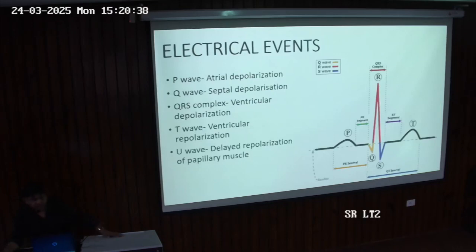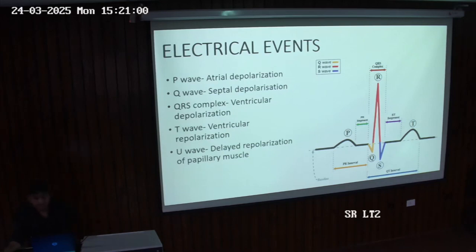So these are some of the electrical events: P waves, Q waves, next is the QRS complex, T waves, ST segment, and sometimes U waves. So this is a normal electrical event.